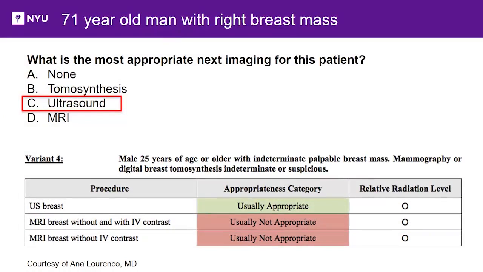And this is the fourth variant in the ACR appropriateness criteria for the management of symptomatic male breast. The setting of males who are 25 years of age or older, who have an indeterminate palpable mass on clinical breast exam, and then on mammography or clinical breast exam, the imaging finding is indeterminate or suspicious, you'll see that the next best test to do is an ultrasound and not an MRI.